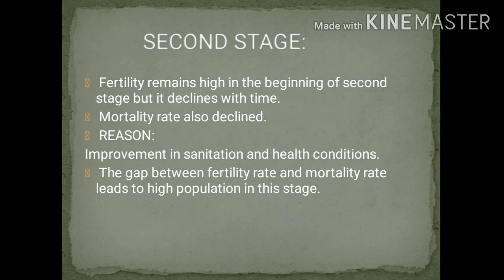That is, health facilities or medical facilities have been improved, because of which mortality rate has declined. The gap between fertility and mortality rate leads to high population in this stage. Obviously, because of the decrease in death rate, but fertility rate remains high. And because of this difference, in this stage, the population growth is very high.